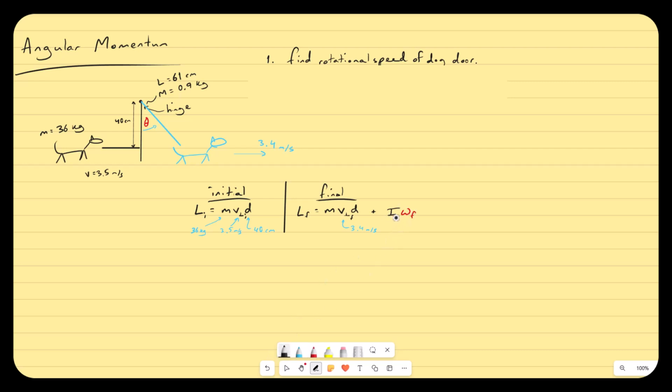So we're going to need to know what this I is. I for the flap is going to be 1/3 m l squared because it acts as a bar that's hinged around the end point. So we're going to get 1/3 times 0.9 kilograms times 0.61 meters squared, which comes out to be 0.11 kilogram meter squared.